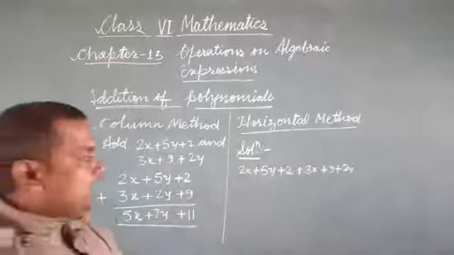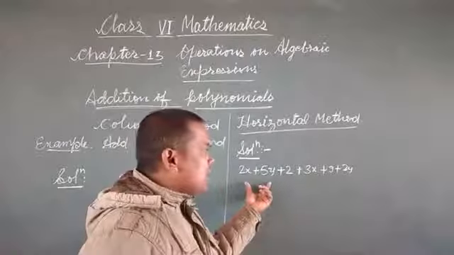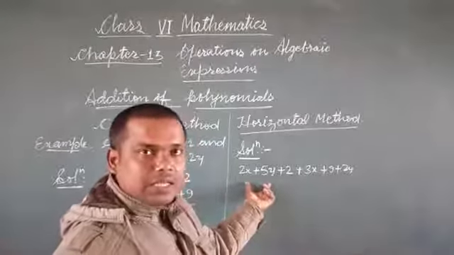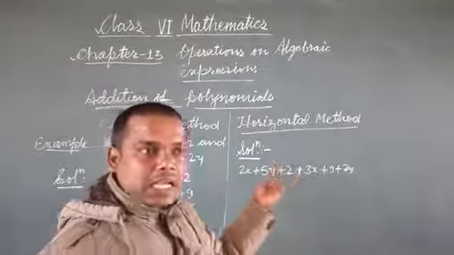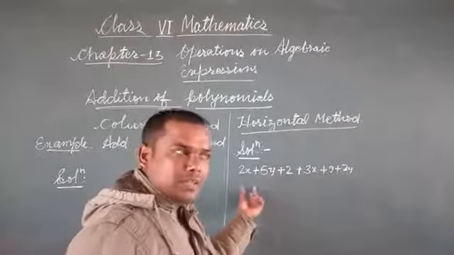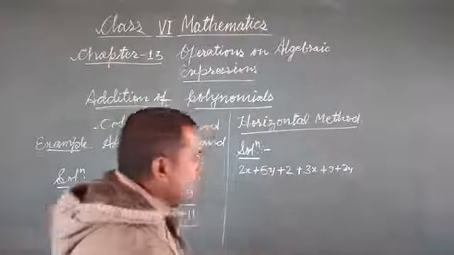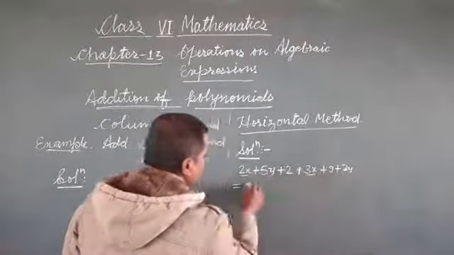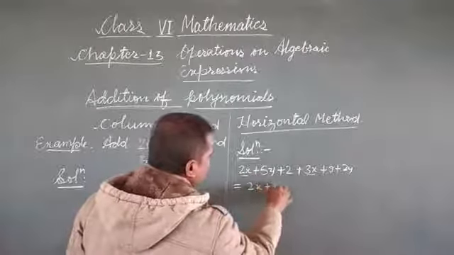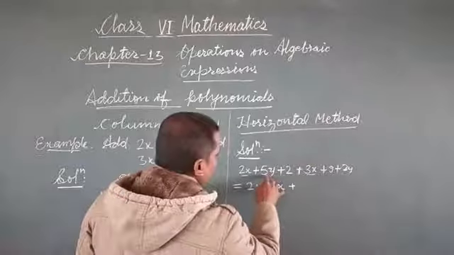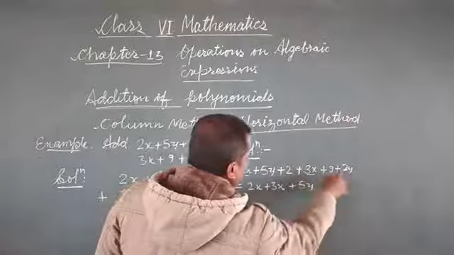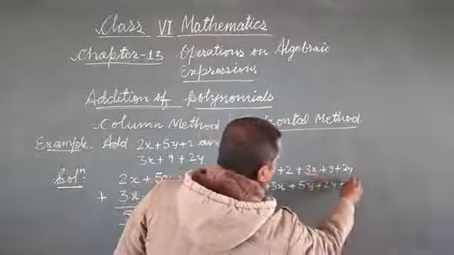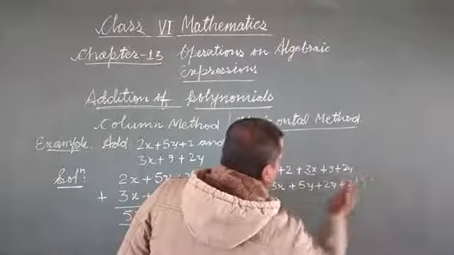Now we will arrange the variables, meaning like terms we keep together. So the next step will be 2x and 3x written together, 2x plus 3x plus 5y and 2y together, and 2 plus 9 together.